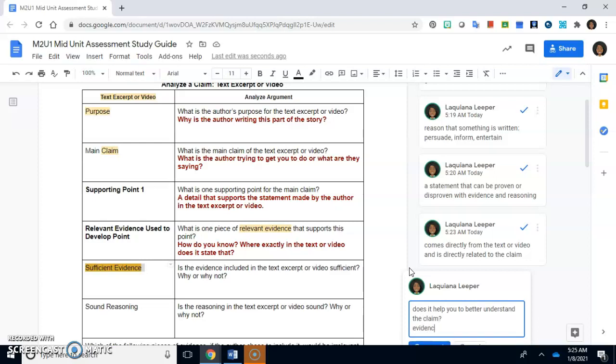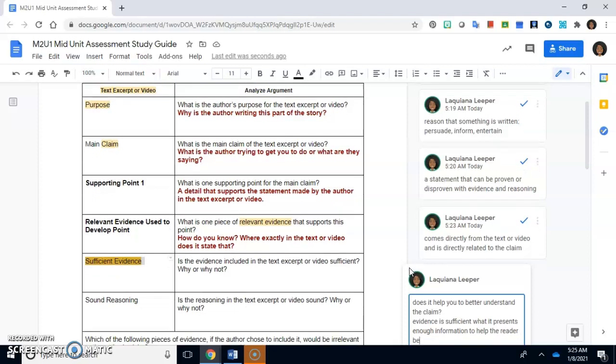Now, evidence is sufficient when it presents enough information to help the reader better understand the claim.